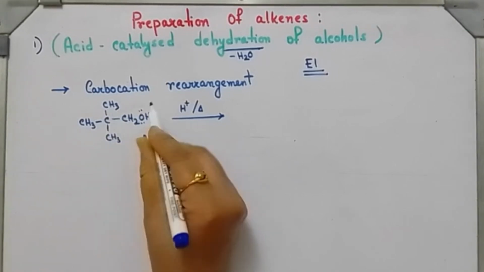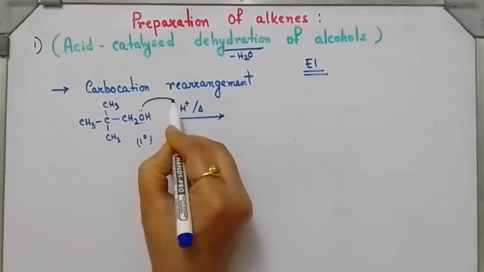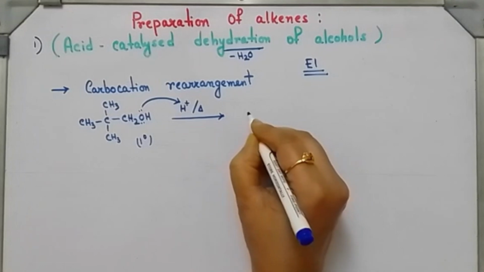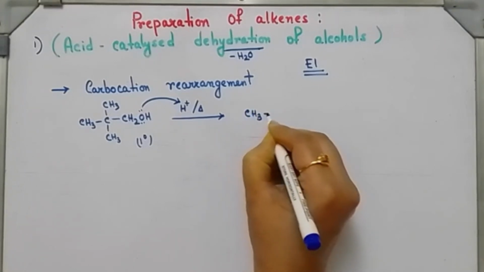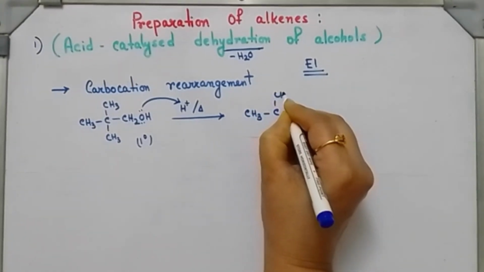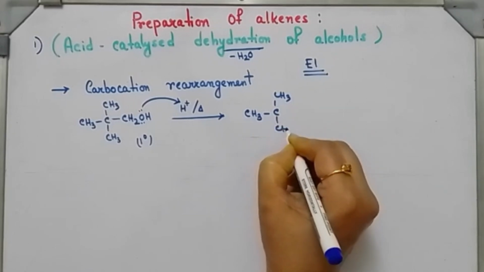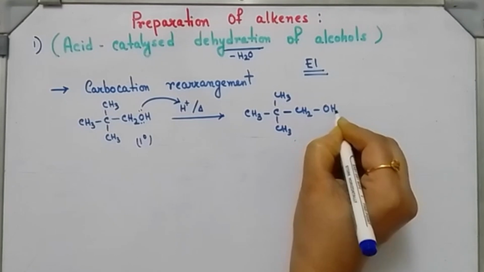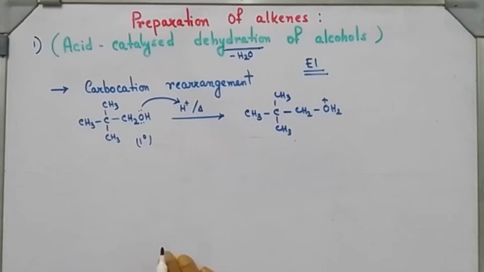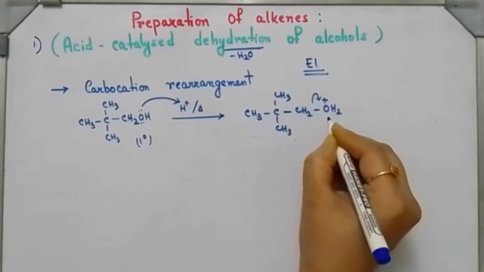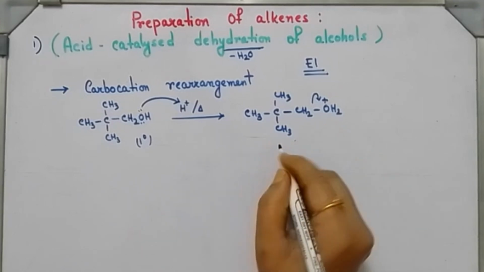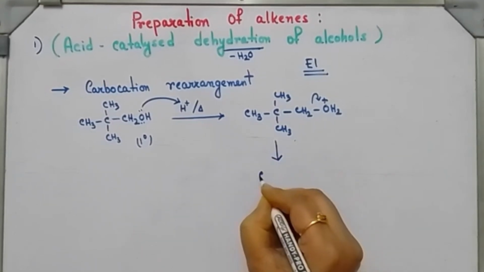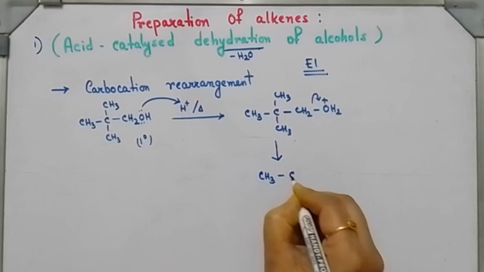Oxygen has a lone pair of electrons. That lone pair will be donated to H plus, and we will get CH3CH2OH2 plus. Then removal of this part will take place and we will get this carbocation.